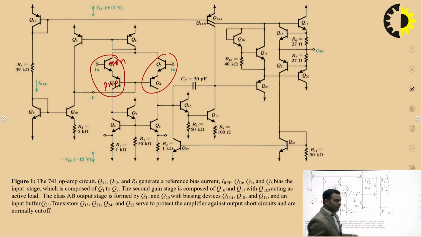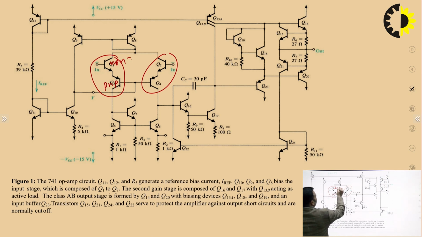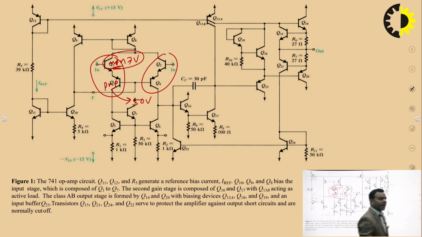The reason is, whenever this device comes under reverse bias, it will not get damaged, because the reverse breakdown voltage for the NPN transistor is around 7 volt, and for PNP transistors the reverse breakdown voltage is around 50 volt. So, these two are connected in series. Whenever high voltage comes across these two, maximum voltage will go to the PNP transistor, which can tolerate the high voltage. So, Q1 and Q2 can operate safely.